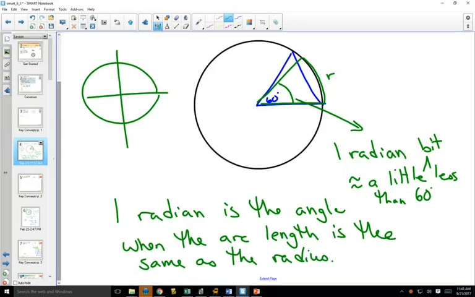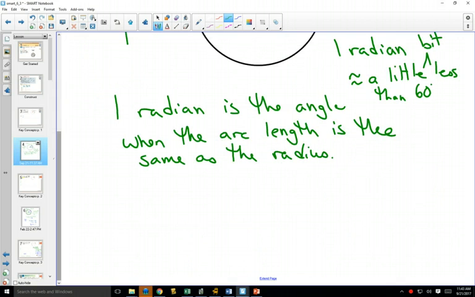Well, if we really want to figure out what a radian exactly equals compared to what we've dealt with before, which is degrees, we might ask the following question. How many radians? We know there's 360 degrees in a circle.